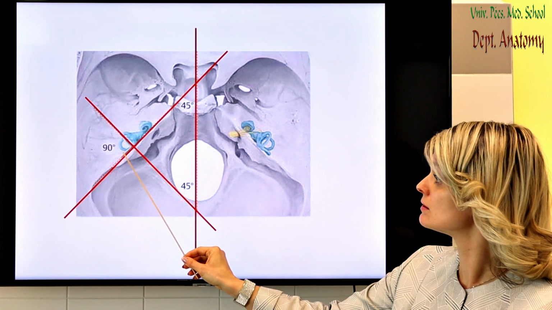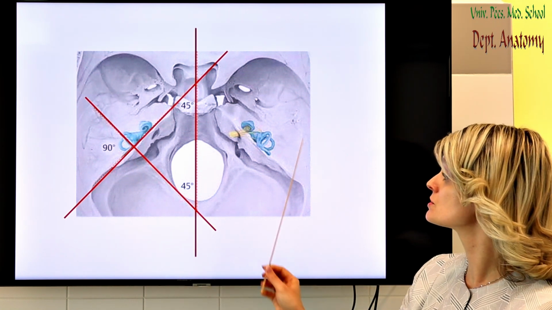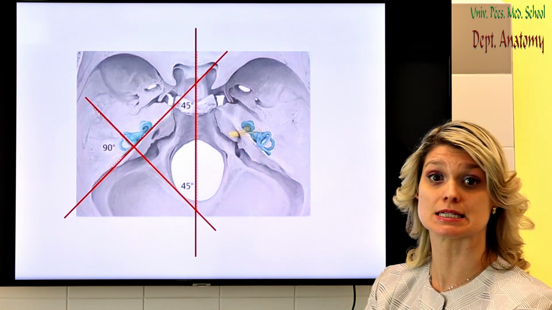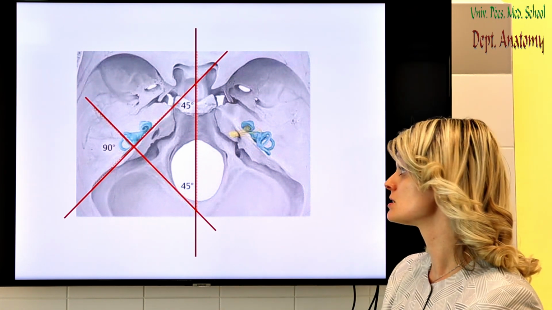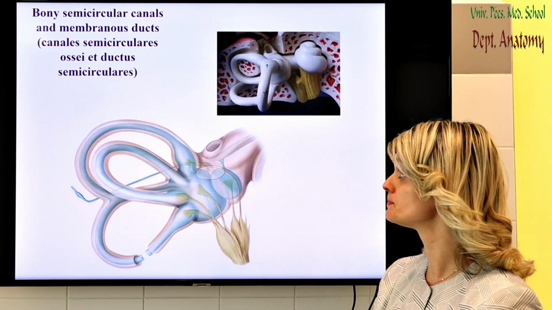And this is the lateral semicircular canal, and it's three-dimensional. So within this picture you can see very well the directions and positions of the semicircular ducts and canals.